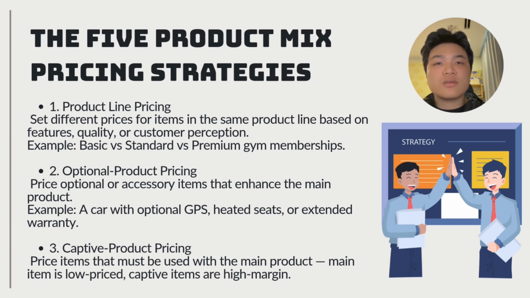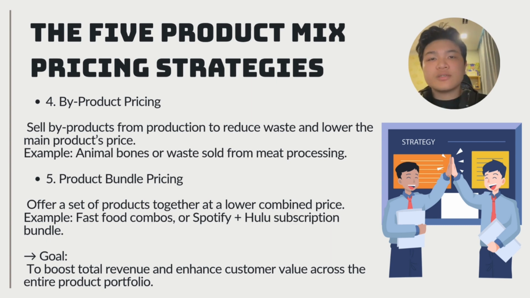Then we have captive product pricing. This is where the main product is priced low, but customers must buy related products repeatedly. Printers and ink cartridges are a perfect example. By-product pricing is a smart way to monetize waste or leftover materials from the production process.